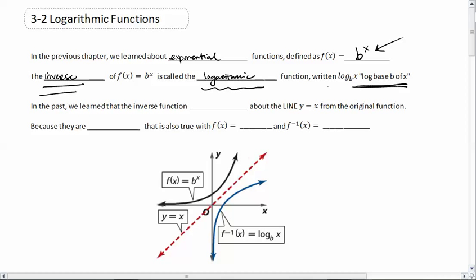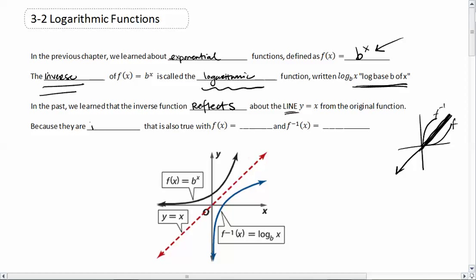So in the past we learned that the inverse function reflects about the line, specifically y equals x. So whatever inverse we have, we're going to create a reflection about this line, right? If this is our original, and this is our f to the negative 1, they're the same about this line y equals x.